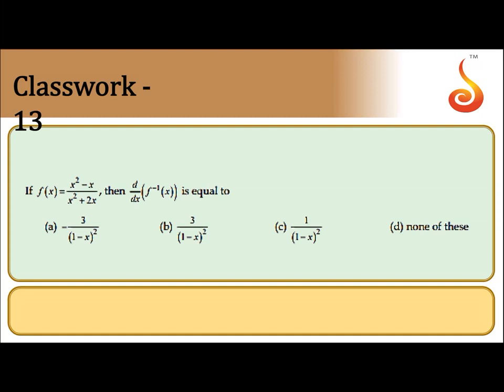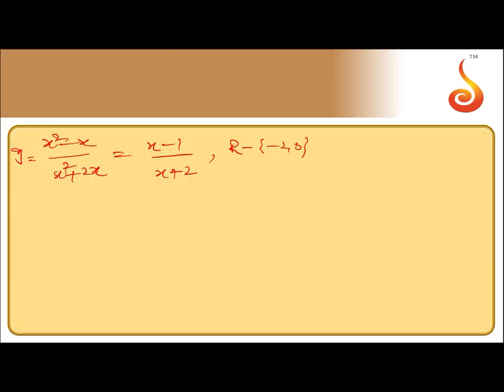Derivative of f inverse of x, where f(x) is x square minus x divided by x square plus 2x. Let me take x common: x minus 1 divided by x plus 2, provided the domain is R minus {minus 2, 0}. Now to calculate f inverse, we want to find the derivative of f inverse.